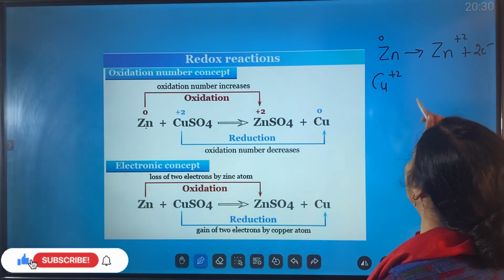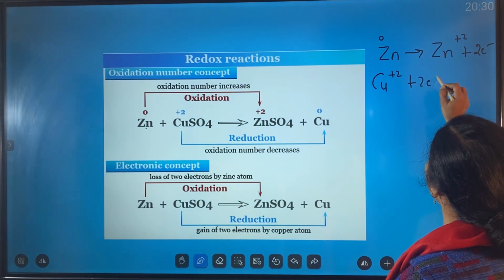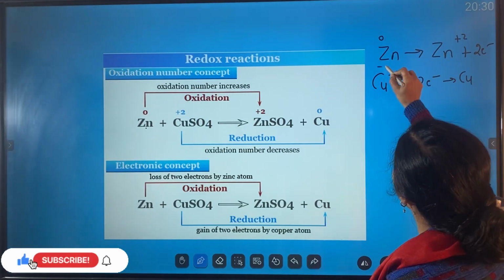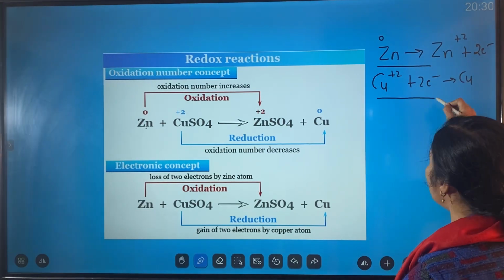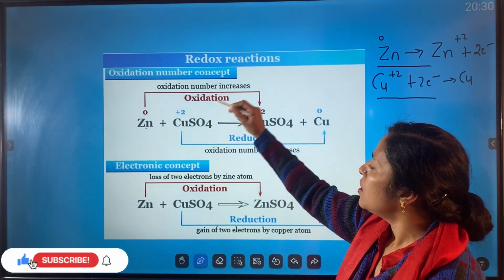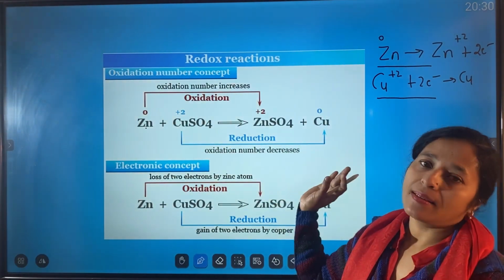It will gain 2 electrons and now it will form copper. So you can see here it is oxidation and here it is reduction. Since these two reactions are occurring simultaneously, so it is a redox reaction.